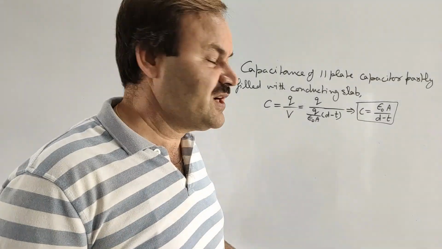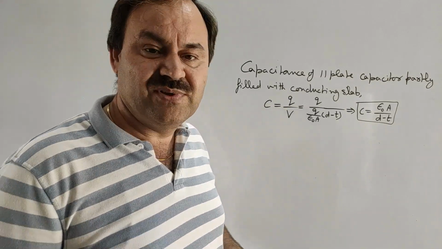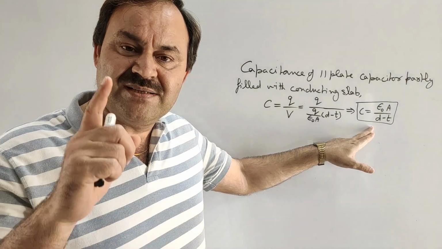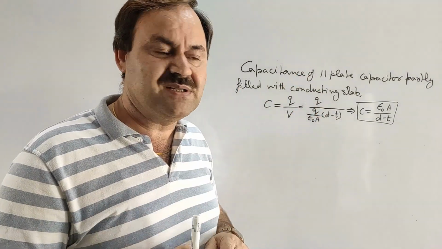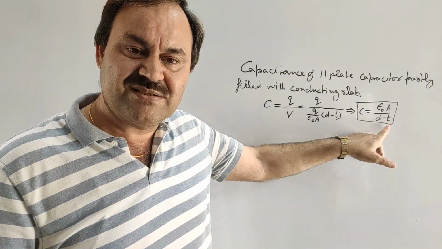This expression for the capacitance of a parallel plate capacitor partly filled with a conducting slab indicates that due to the introduction of the conducting slab between the plates, the effective separation between the plates decreases.